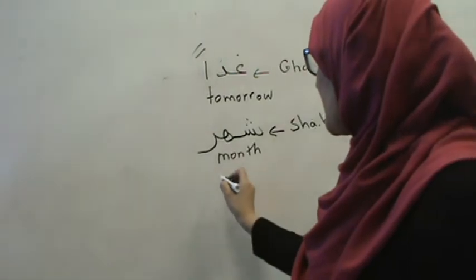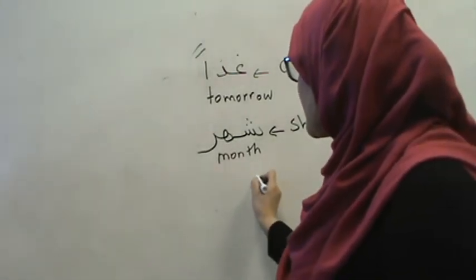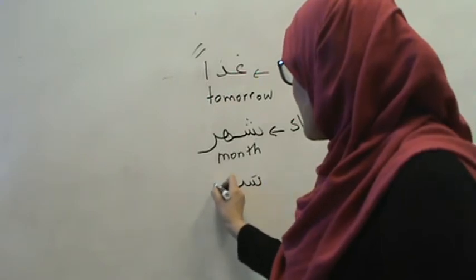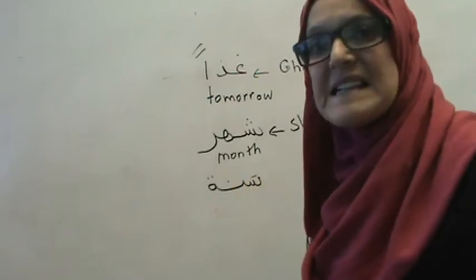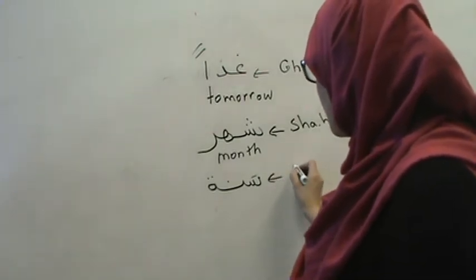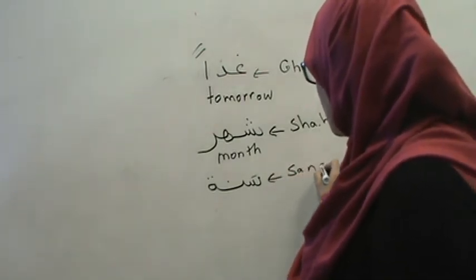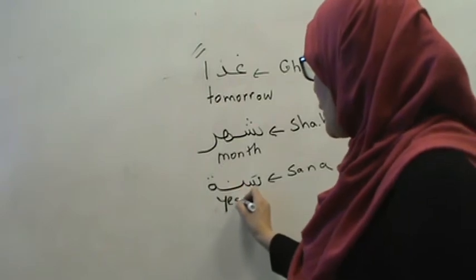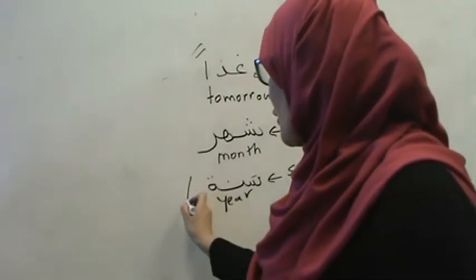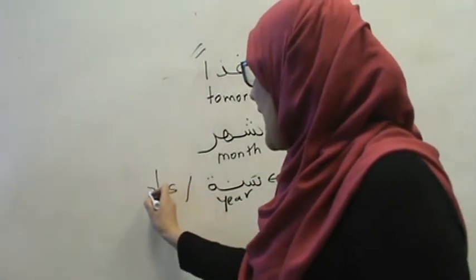The word for year is سنة. That's year. We have two words for the word year. It could be سنة or عام.